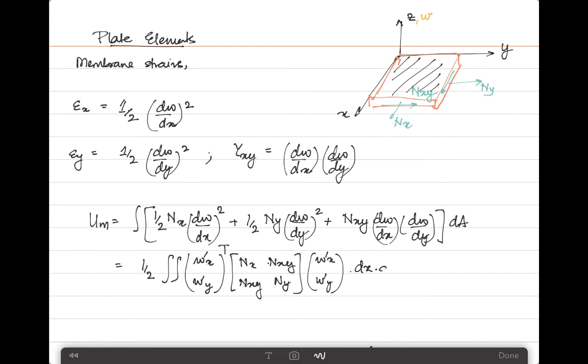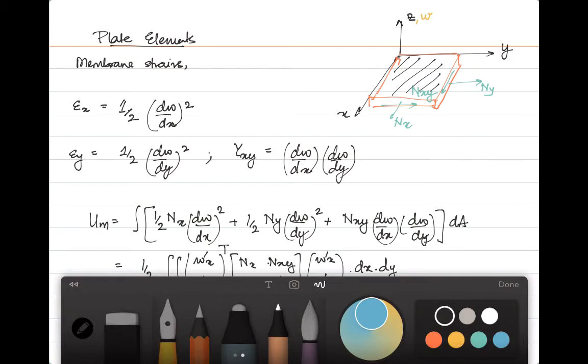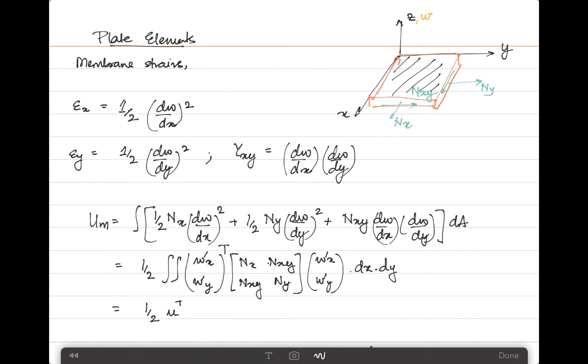Now the area can be decomposed into both the lengths x and y, so I write dx dy, and in an even simplified manner I can write it as half of the total displacement. So if I say w transpose, I shouldn't write here w, I'll use u because that's the displacement I've been using for the entire element, so u transpose kg u.